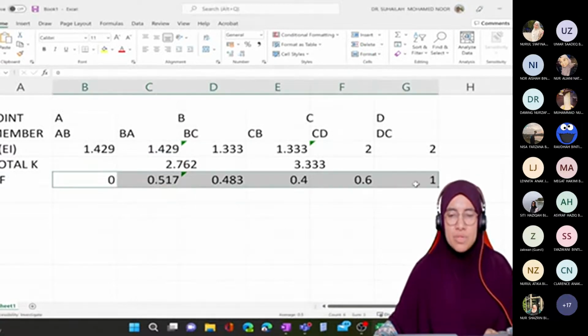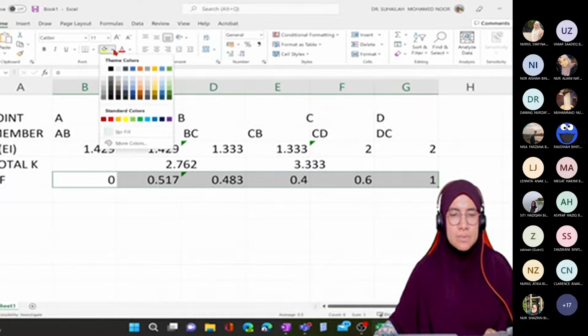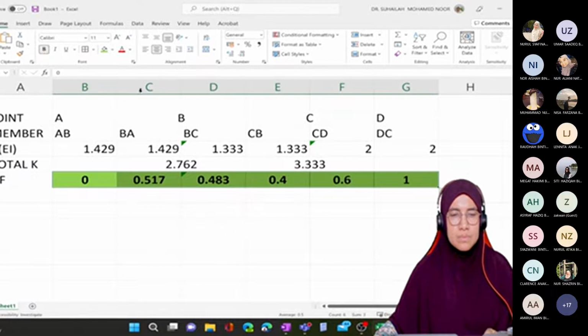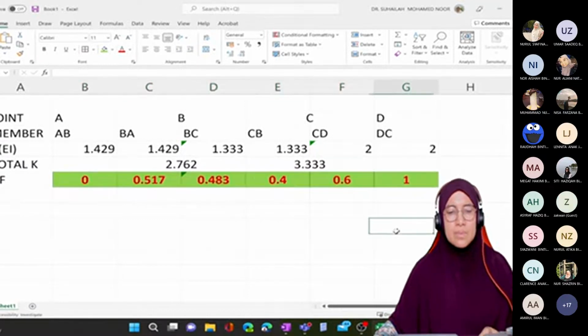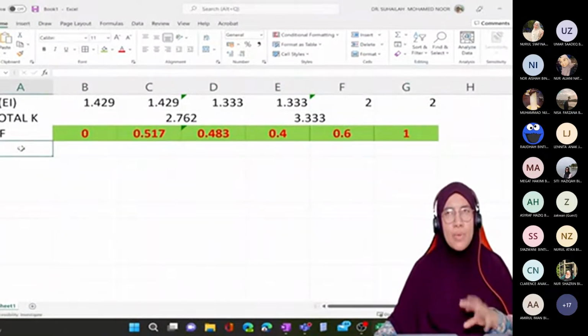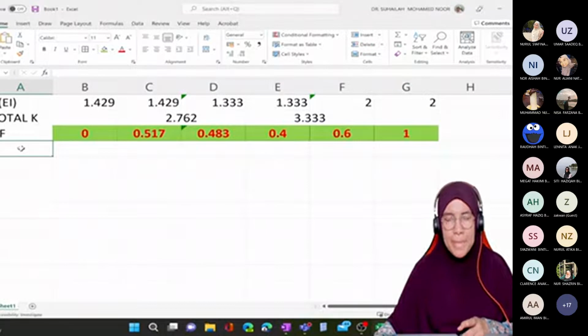Okay, this is the distribution factor. Now we will calculate FEM.